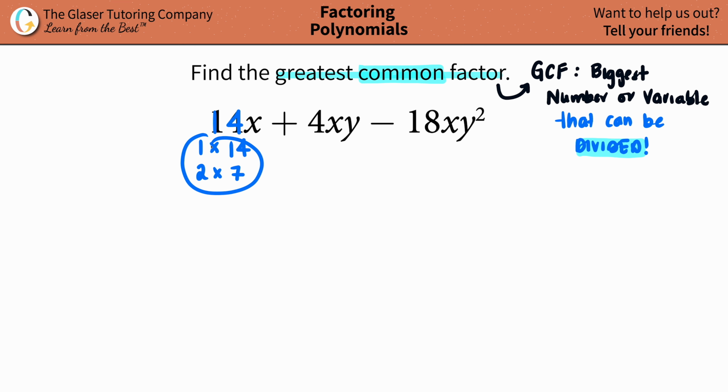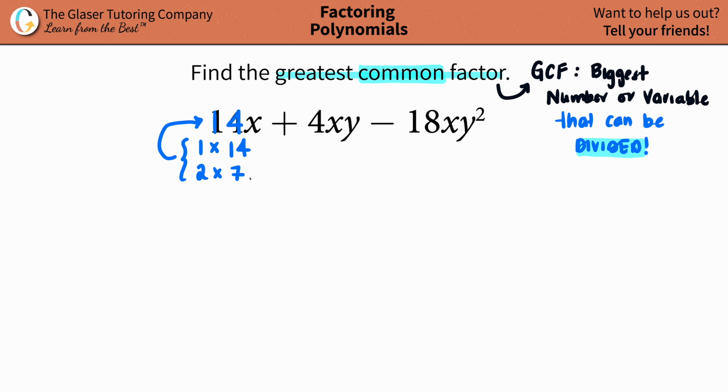Now, these are the only pairs that will get me to 14. Now, the thing is that you only got to do this once, really, because if you have a greatest common factor, the number that is shared between the other ones, the 4 and the 18, must be one of these four numbers.